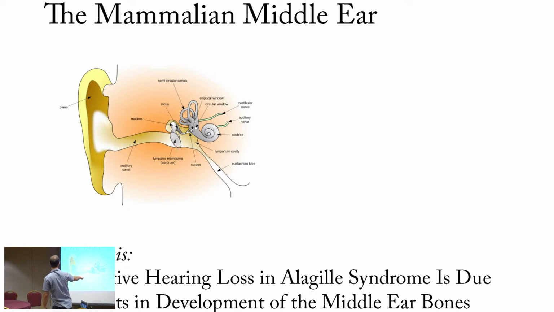Essentially, this looks like a spiral, kind of a snail shell, and all along this snail shell are different neurons that have a preference for different frequencies of sound. Very low frequency sounds, really deep sounds, are here, and the very highest frequency sounds are down here. So really, these middle ear bones play an important role in allowing sound to be properly amplified to get to these neurons that can then detect that sound.